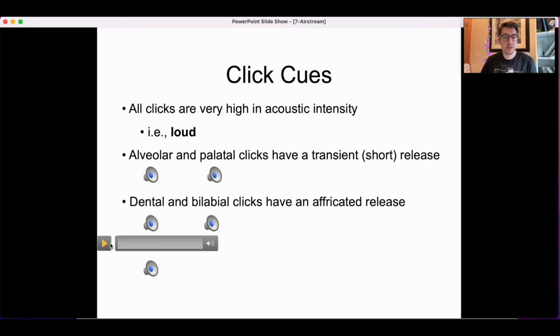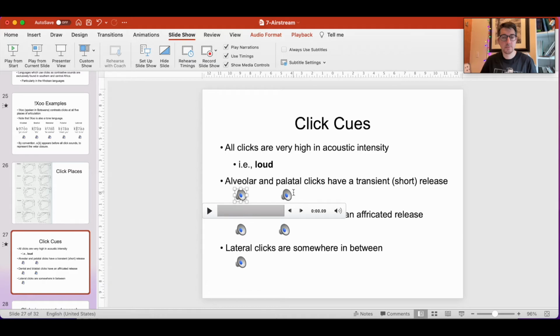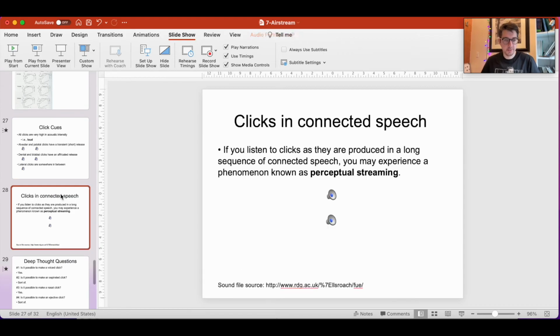So you would say, okay, doesn't work. And here, right? And laterals are somewhere in between. Yeah, so you can give them a shot.